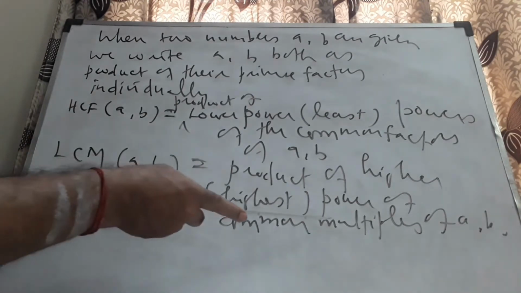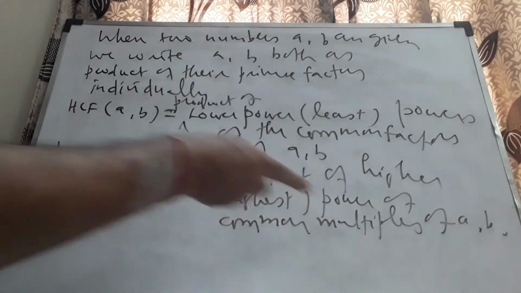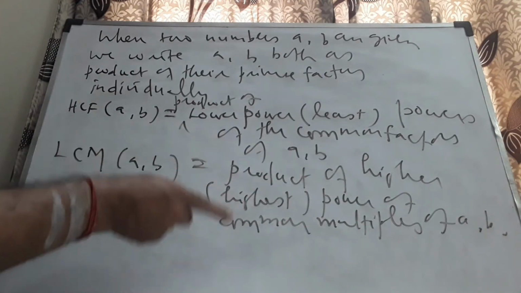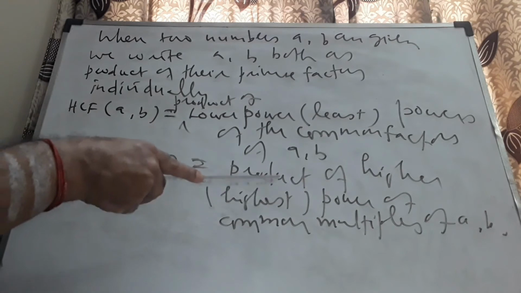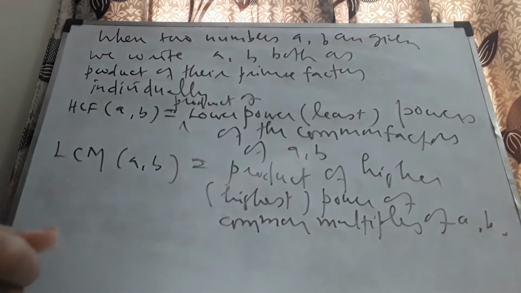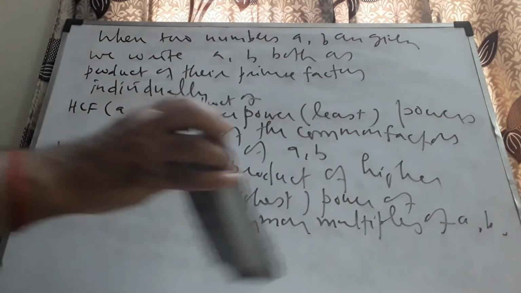Then I will write all the common multiples having higher powers. Out of those, I take the highest power and get the product of them. That will be the LCM. That is the way it is done.